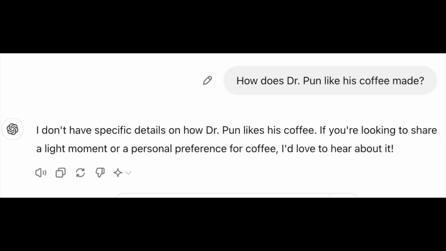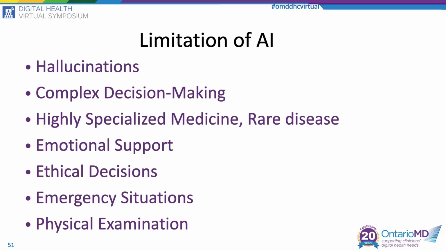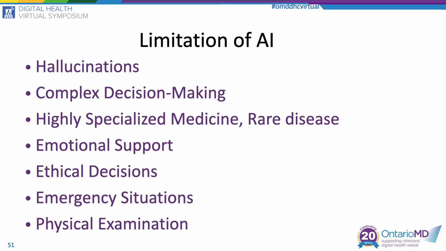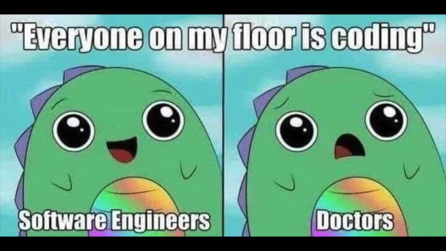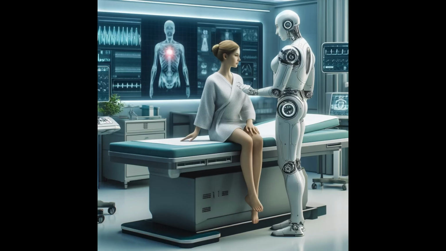And of course, it's just a machine, right? You can't get emotional support. You could get simulated emotional support from AI, maybe. Ethical decisions, AI has no ethics. It's a machine, right? Emergency situations, you really maybe shouldn't use AI for that either. And of course, AI cannot do a physical examination unless it's a robot.